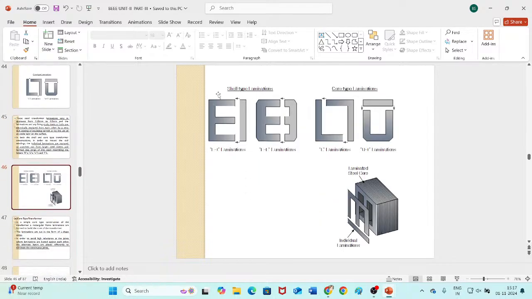For shell type, they may take E type and I type joined together, or two E's joined together. So this is shell type lamination, this is core type lamination. The sheets are staggered together to form the core type or shell type.